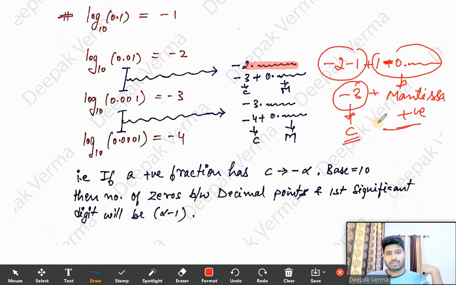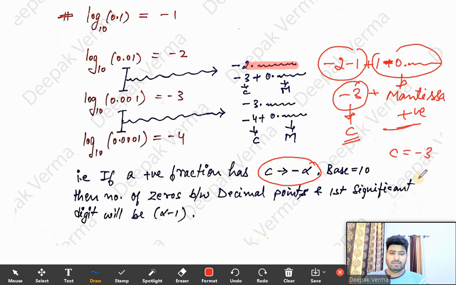So what we have observed here, if the characteristic of any number is minus 3, then we can tell the number of zeros between the decimal point and the first significant digit. So here we have a formula: if the characteristic is minus alpha, here the characteristic is what?